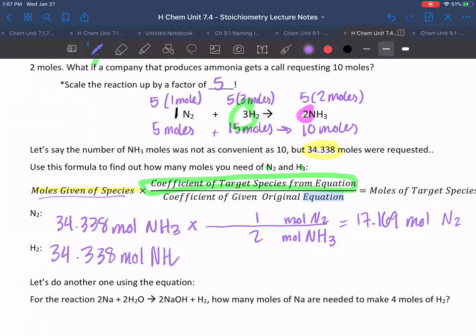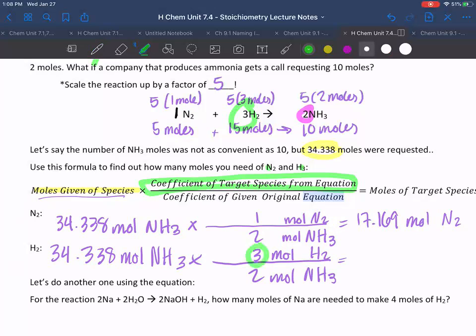So how much hydrogen do we need? Well, we still have 2 moles of NH3. That does not change. But it takes 3 moles of hydrogen. So what we're ultimately doing is multiplying it by 1.5. And then you get 51.507 moles of H2.